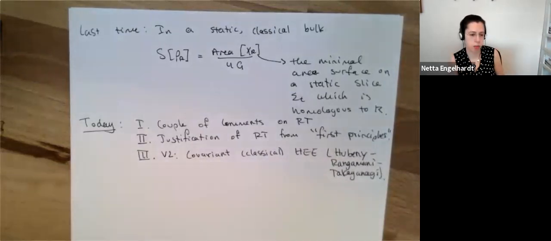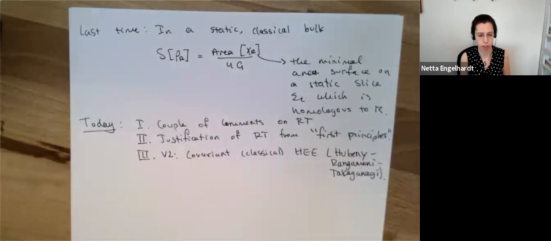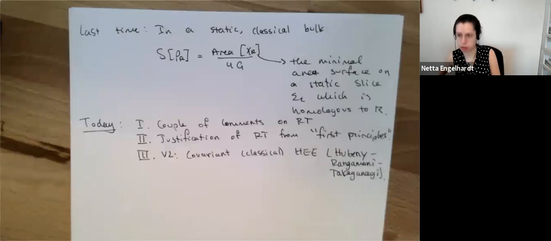My suspicion is that's what we'll get to today, but if we have a little more time, then I'll mention the reformulation of it by Aaron Wall, the so-called maximin prescription. My suspicion is that we'll have to wrap that up next time.